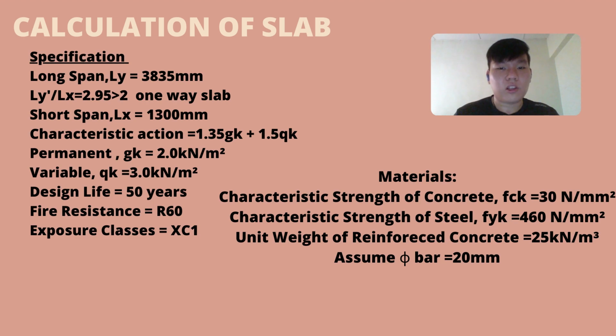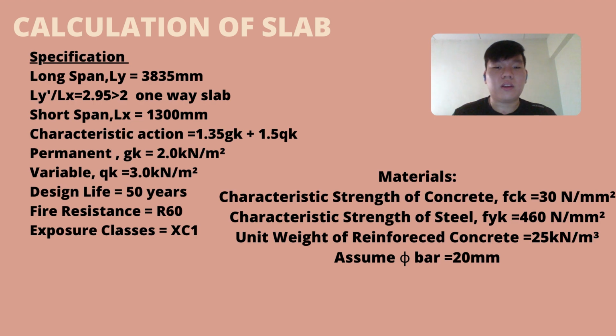Next, for manual calculation of the slab, for the specification, the long span LY is 3835 mm and LY over LX is greater than 2, which means that the slab is a one-way slab.